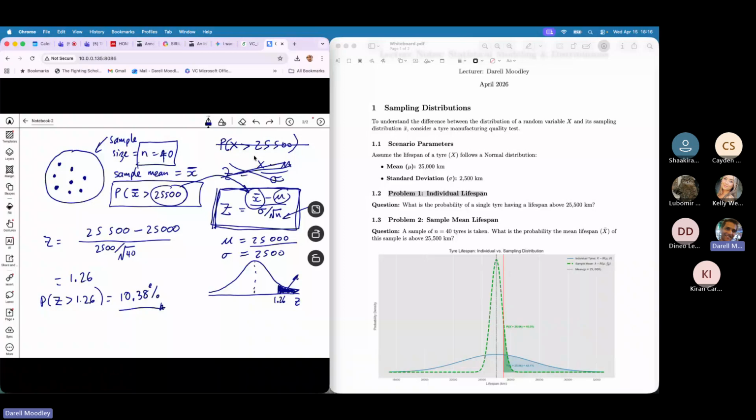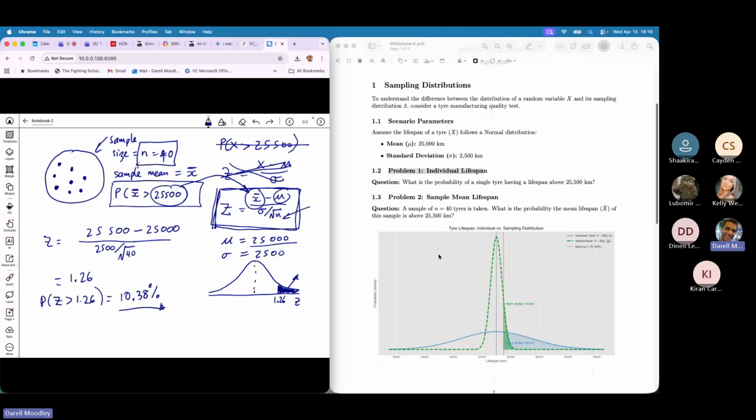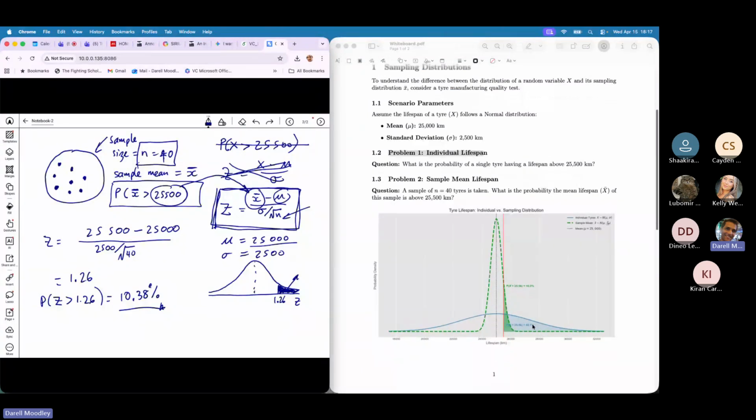So the takeaway here, and the real world application, is that this graph will summarize it. Don't worry about the writing in it, just focus on the color for now. The blue line is the distribution you will use for an individual tire. For an individual tire, it has a very spread out distribution.